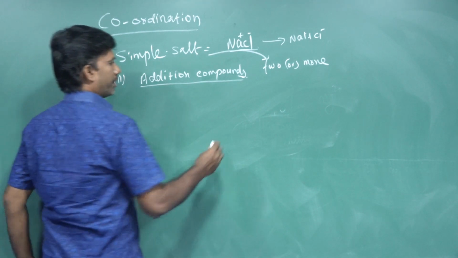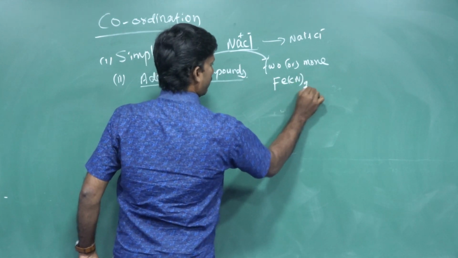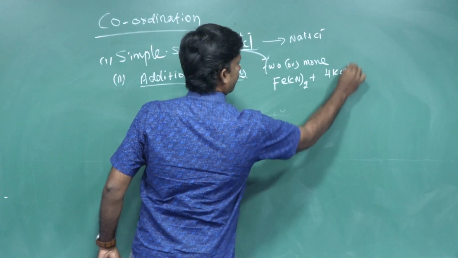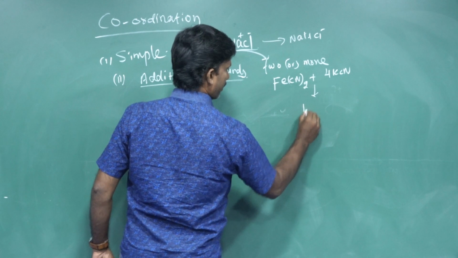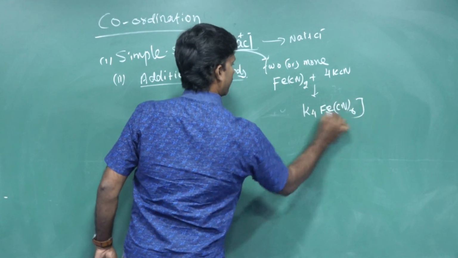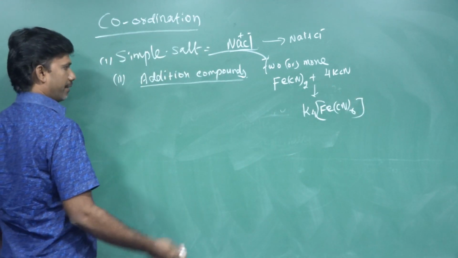For example, FeCl2, a simple salt, plus 4KCl, another simple salt. These two combine to give K4FeCl6. This is a complex. Still more examples you can have.